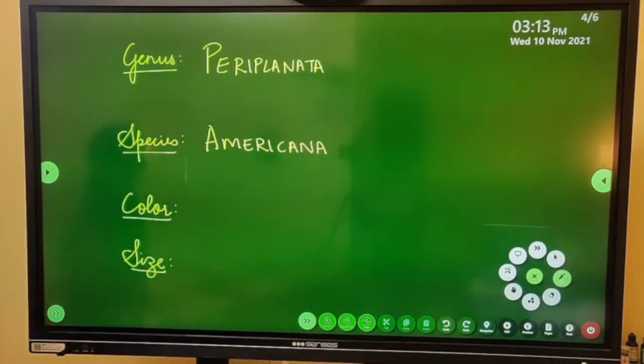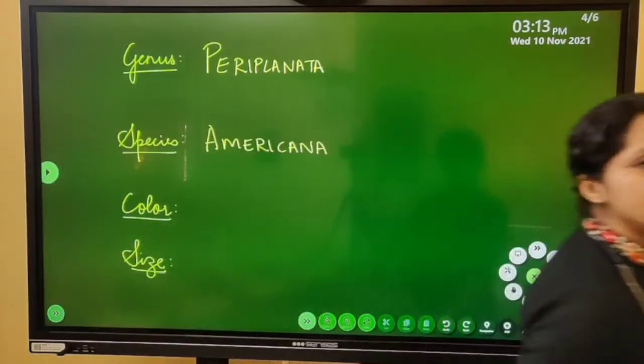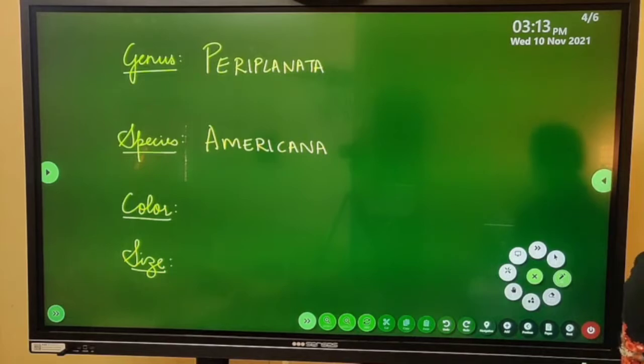So genus Periplaneta, species Americana, this is the commonest one which we are going to study. This is the commonest species of cockroach, which is found all over the world.